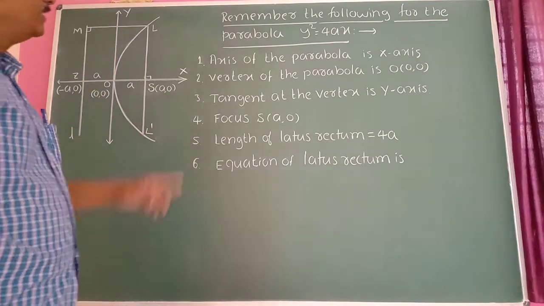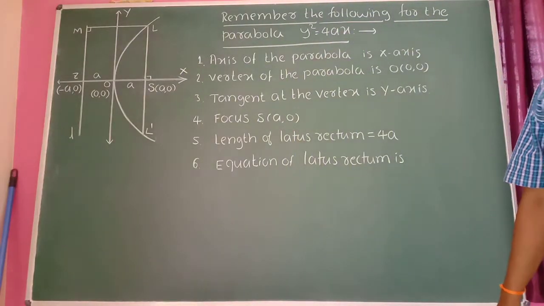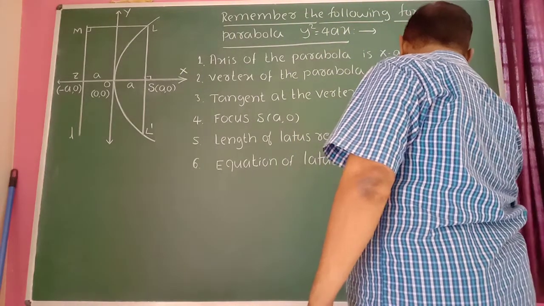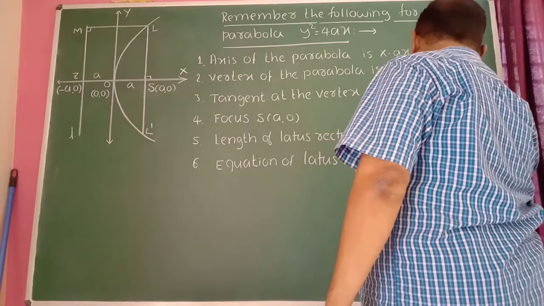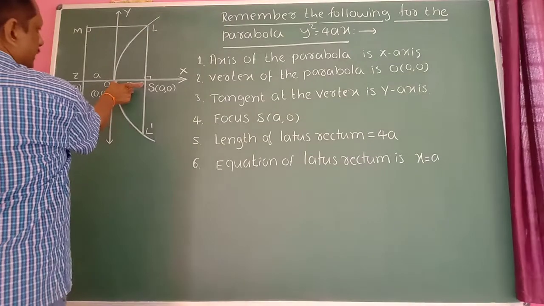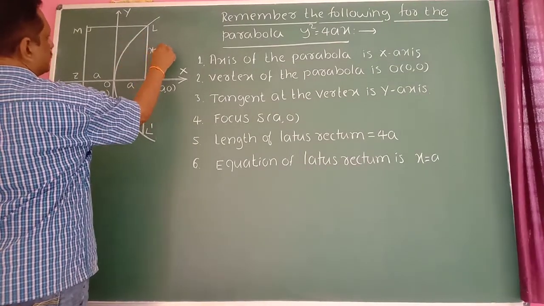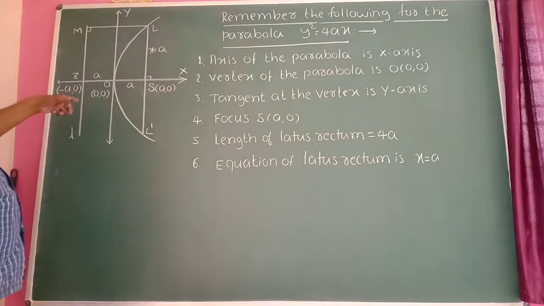Then obviously the equation of that latus rectum is x is equal to a. If the line is parallel to the y-axis having a distance a unit, then the equation of this latus rectum is x is equal to a. And this is a directrix here.